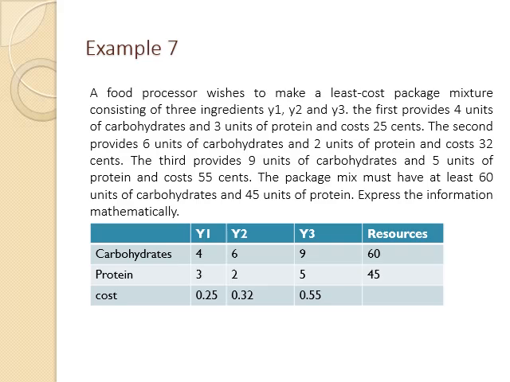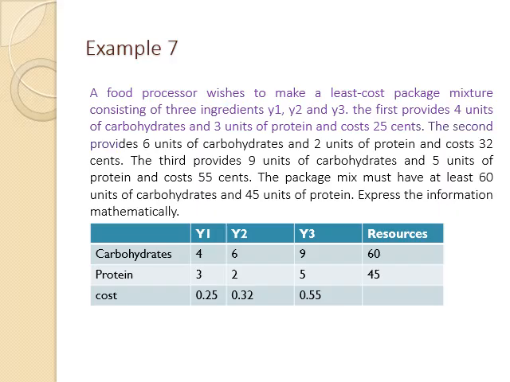Example 11. A food processor wishes to make a least cost package mixture consisting of 3 ingredients: y1, y2 and y3. The first provides 4 units of carbohydrates and 3 units of protein and costs 20 cents.